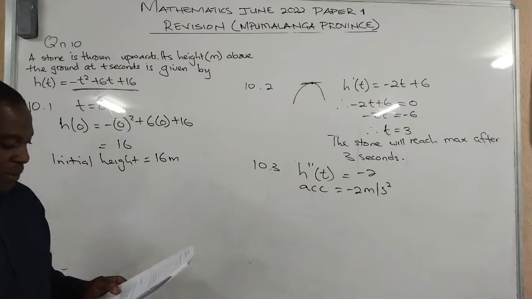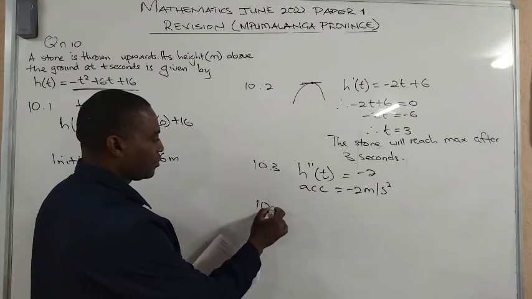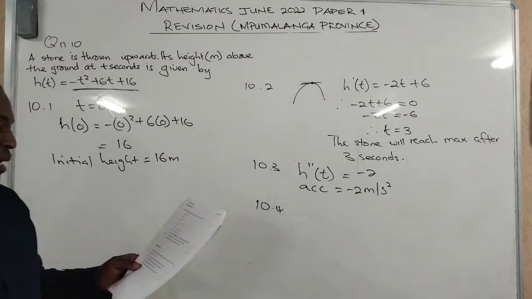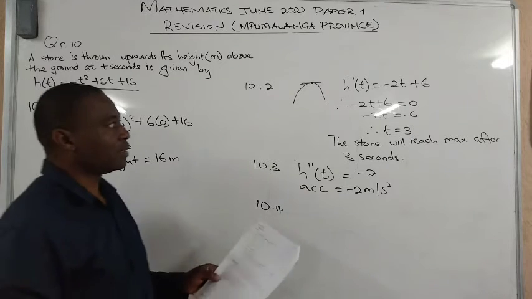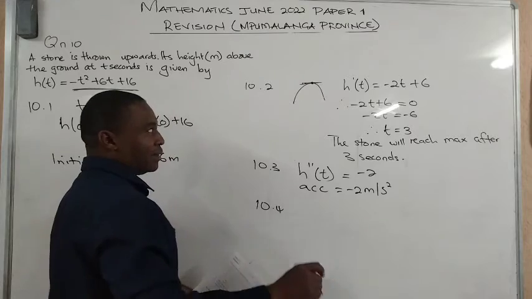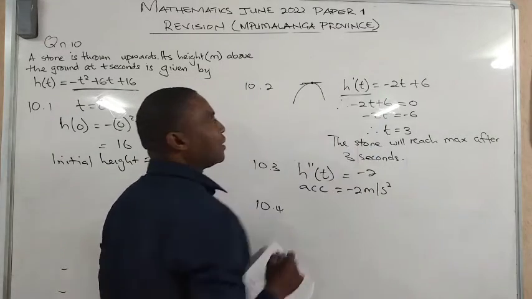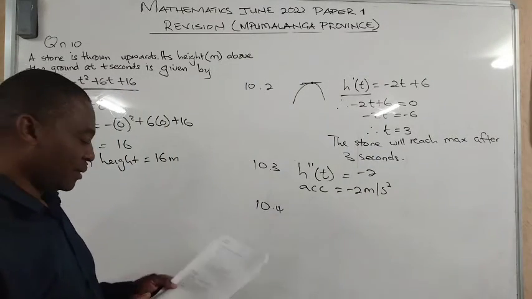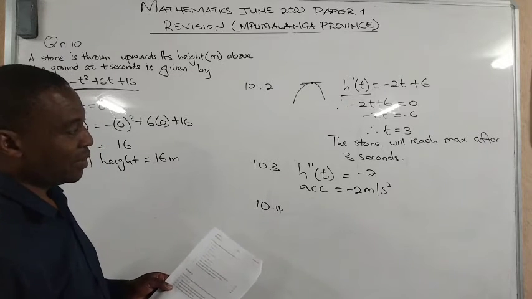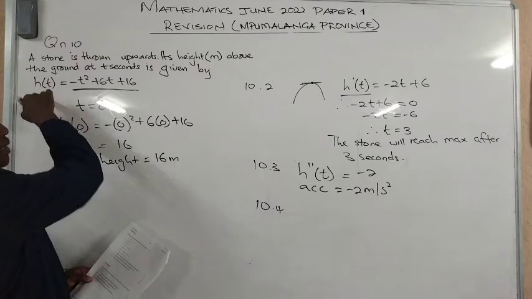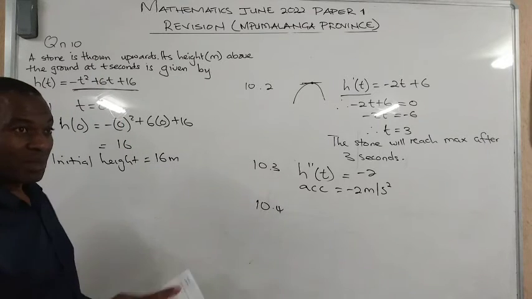And then 10.4, how fast was the stone traveling when it hits the ground? So how fast, that is the velocity, by the time the stone hits the ground. So remember, h of t is the height of the stone above the ground.